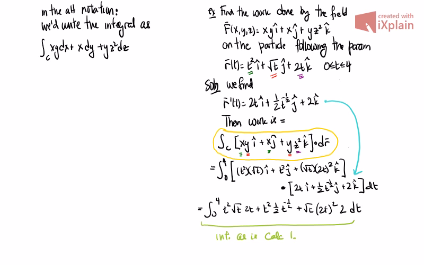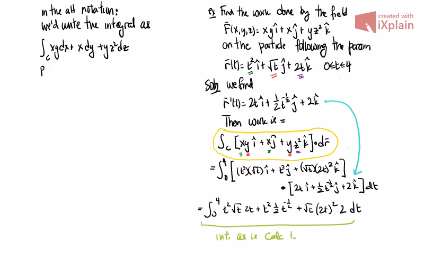Now, if we look at this notation, what this notation is also doing is it's telling us what to put where, right? So this notation is saying everywhere you see an x, put x of t. Everywhere you see a y, put y of t. Everywhere you see a z, put z of t. Everywhere you see a dx, put the derivative of x of t, and so on.